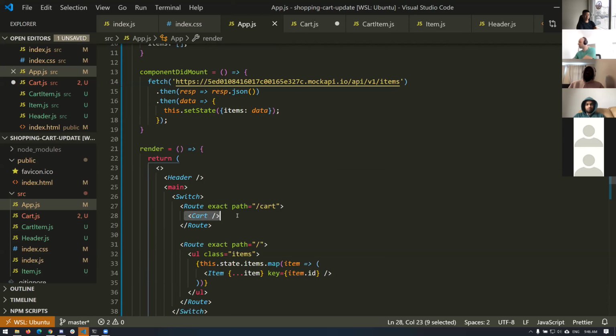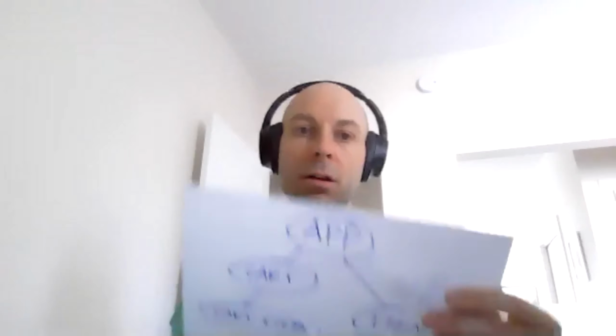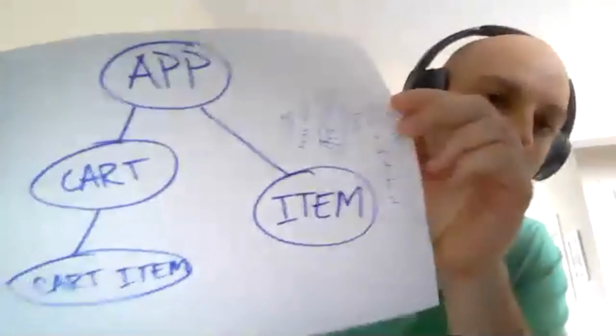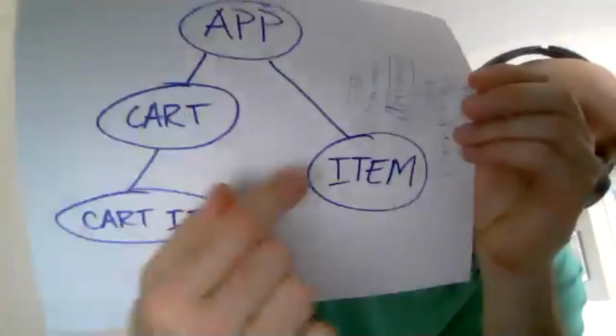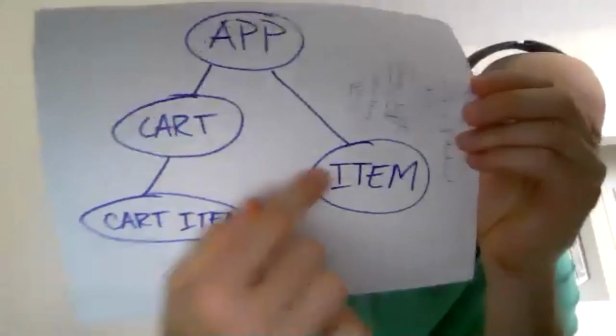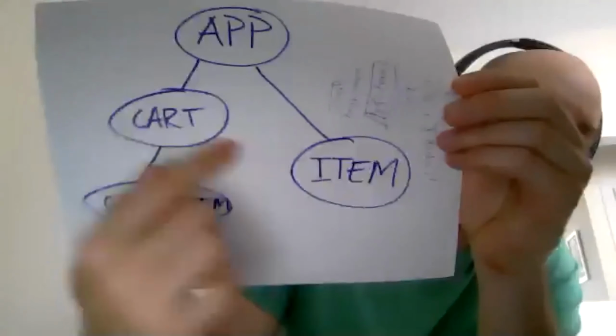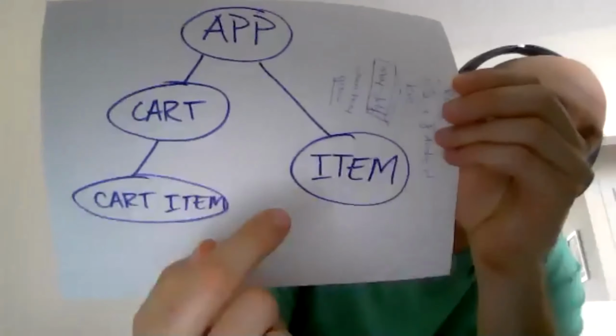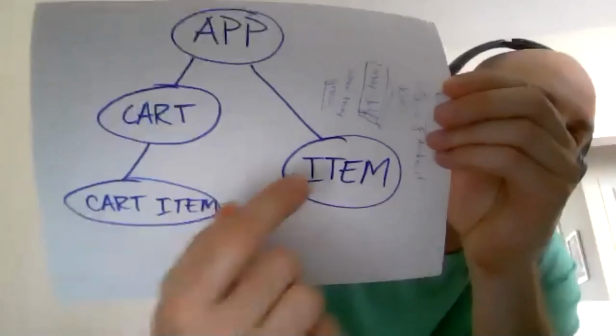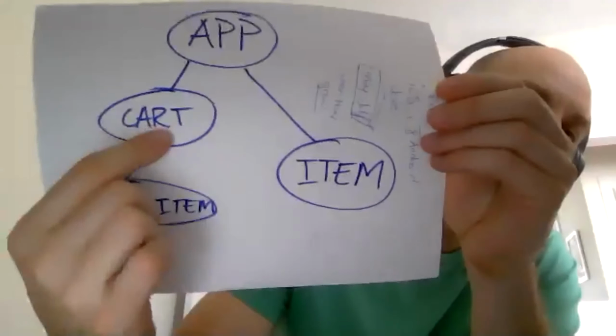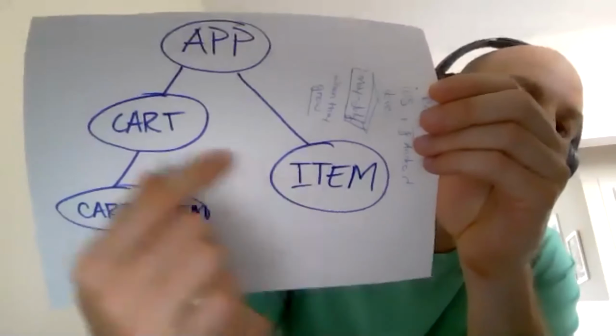Okay, so essentially item has some connection to cart and cart has some connection to item. Now, again, if we were to look at that diagram that I have over here, where cart and item, okay, they're similar, they share something, which means the state cannot be in either of them for those cart items.